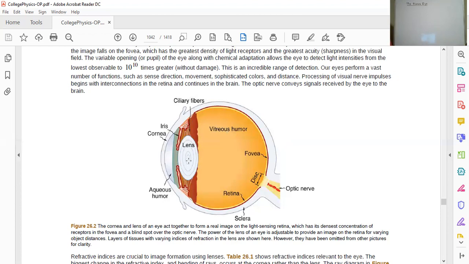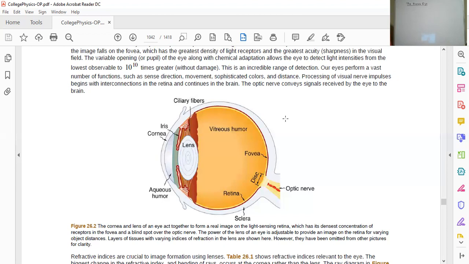So this thin front part of the eye is where almost all of the refraction occurs. Yes, the other materials in the eye, like the vitreous humor, also have an index of refraction, but the vast majority of the refraction occurs in the front part of the eye. So the combination of the cornea and the lens acts as a thin lens, and we can apply the physics that we understand from chapters 25 and 26.